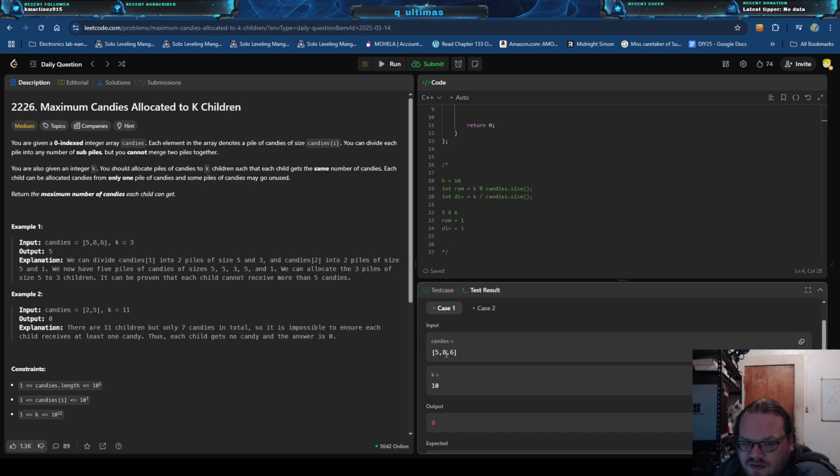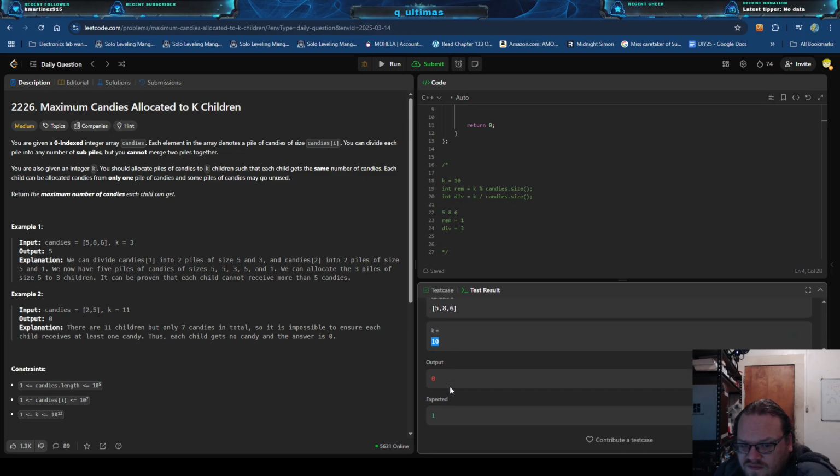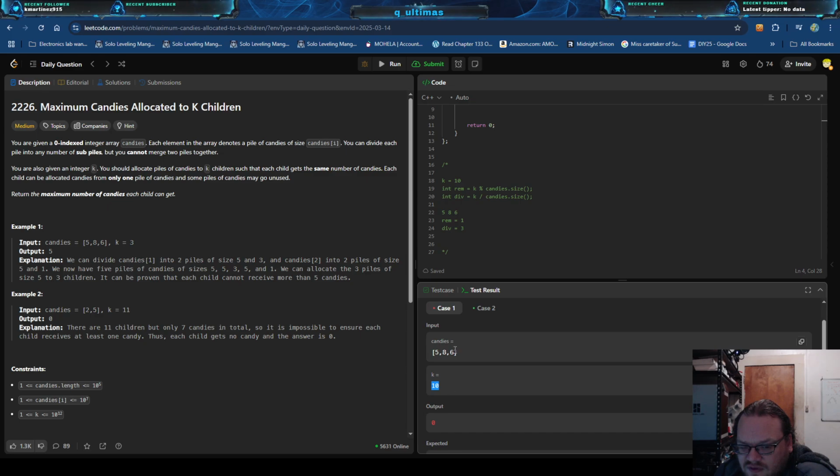All we need to do then is take 10, hold on, 3. 3 divided by 5 is 1.